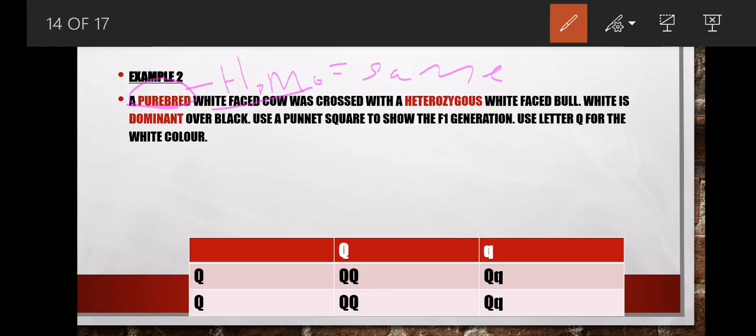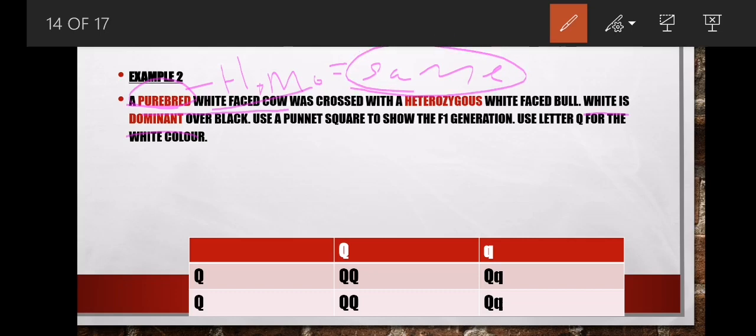Let's quickly go to the next sentence. They say white is dominant over black, which means if the cow is white, and white is dominant, both of the 2 letters must be dominant because we say they are both the same.